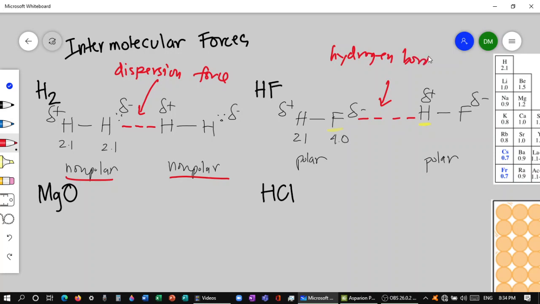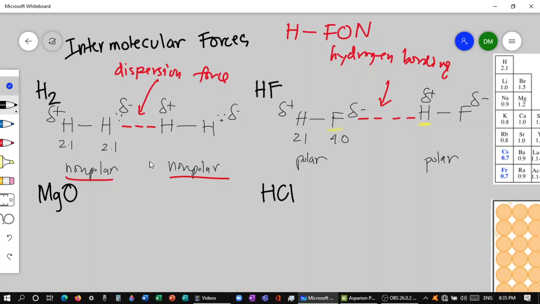Hydrogen bonding occurs between a polar and another polar molecule, but in this case, it must contain a hydrogen that is attached to a fluorine. Again, that's hydrogen attached to fluorine or oxygen or nitrogen. So this one is hydrogen bonding.